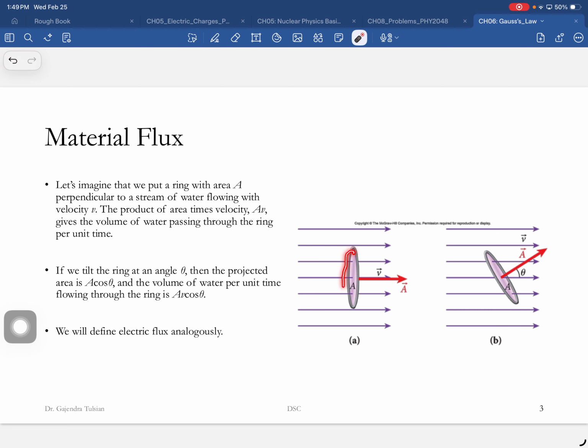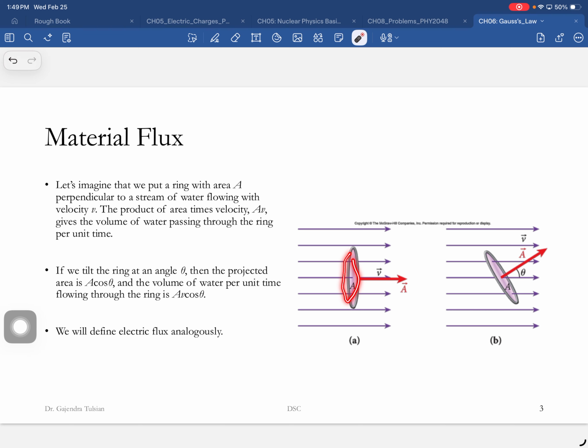And what you want to ask is the following. Let's say you put a ring there like that, perpendicular to the flow. You want to ask how many gallons are flowing a second, or how many gallons of water are flowing a minute. That's a very valid question, and that's called material flux. The flow rate is what you want.